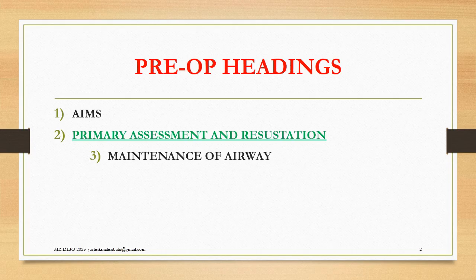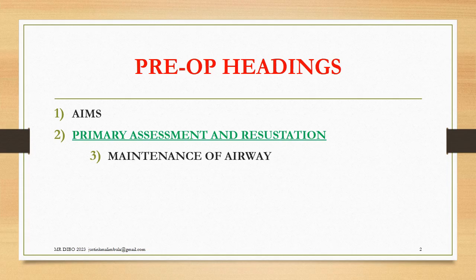Now, what are some of the signs of airway obstruction? Some of the signs of airway obstruction are that the patient will have evidence of secretions in the mouth, and apart from that, there will be some dentures. So you need to observe the signs of airway obstruction.